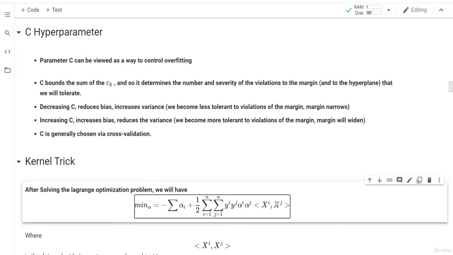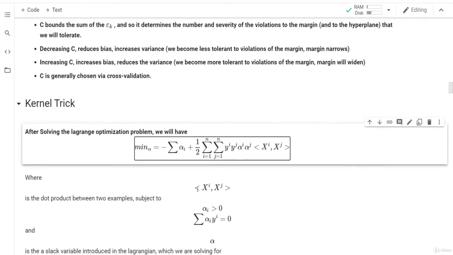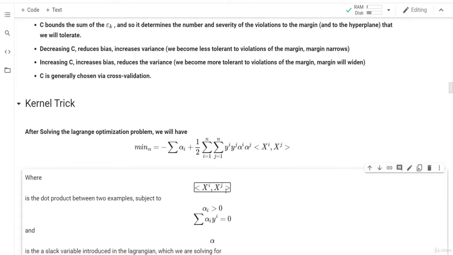So what is all this? Here you need to understand this notation. If we write notation like this, then this is called the dot product between two examples. This is the first example and this is the second example. We take the dot product between them, and the dot product is something from linear algebra.